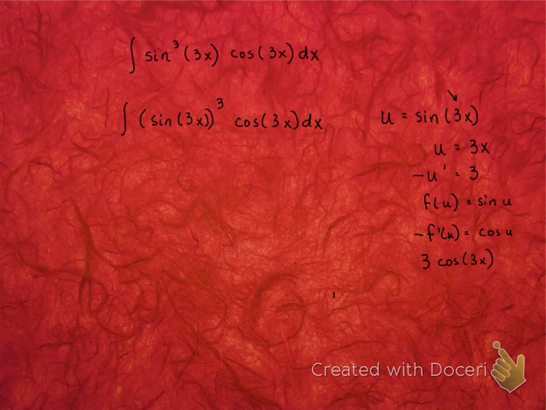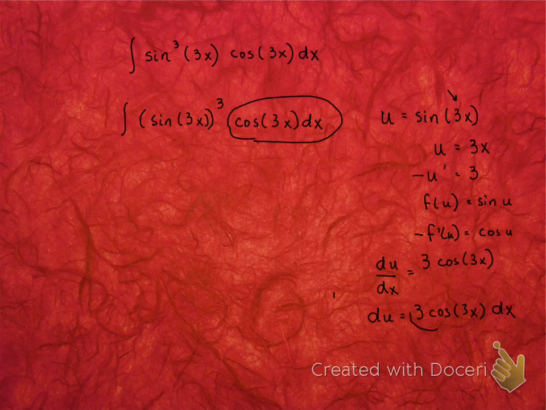And it looks like then that our dx's are going to match. So now that we picked out the u, this right here is du dx. So du is equal to 3 cosine 3x dx. Now, look at the dx in our problem and the dx that we've got right here.